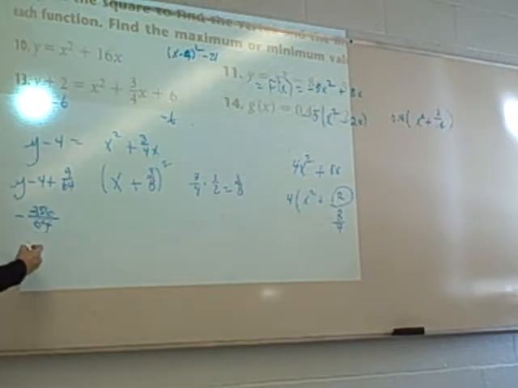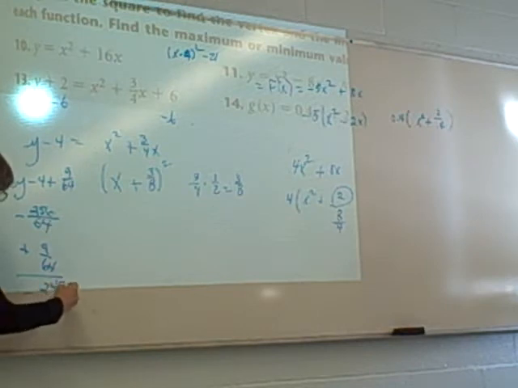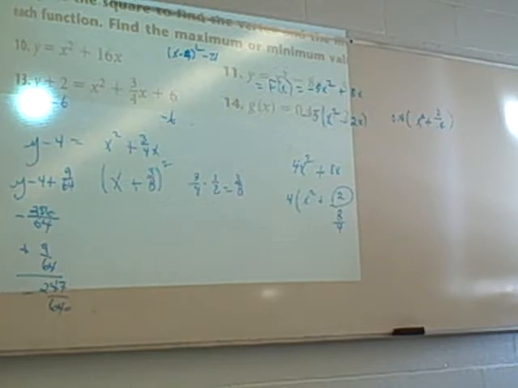So I have a negative and a plus, which is going to be a negative 247/64. And then how many times does 64 go into 247? I don't know, but I'd use a calculator perhaps. And what would that be?